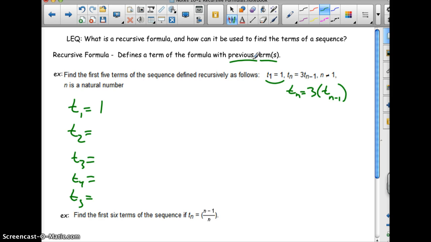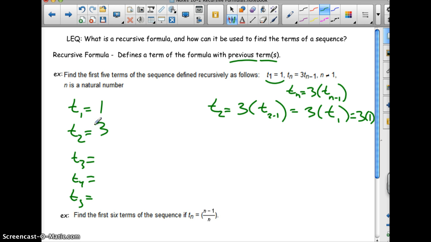So T sub 2 is going to equal 3 times, and now this is T sub n minus 1, so it's going to be 2 minus 1 there, which is 3 times T sub 1. But wait a second, we know T sub 1 from before. That is 1 right here. So that is 3 times 1. And the answer is 3.